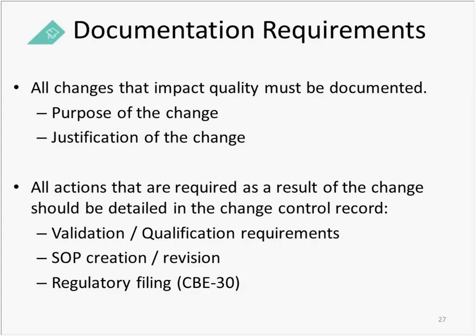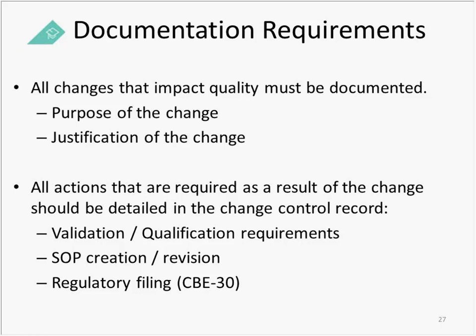Document requirements. All changes that impact quality must be documented, as we said, not only from the definition, but from the Code of Federal Regulations, EudraLex, and the ICH guidance documents. You want to have the purpose of the change and the justification of the change. Again, you want to be detailed here, and this is where I see people fall short, just saying changing process or change equipment or improving the process.